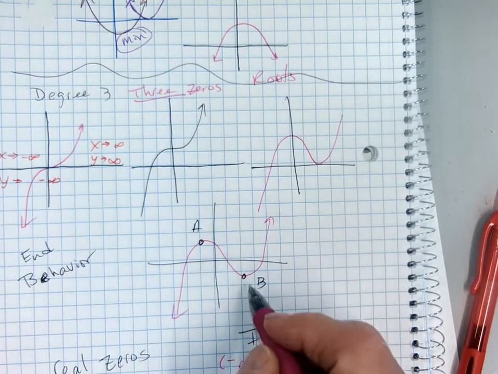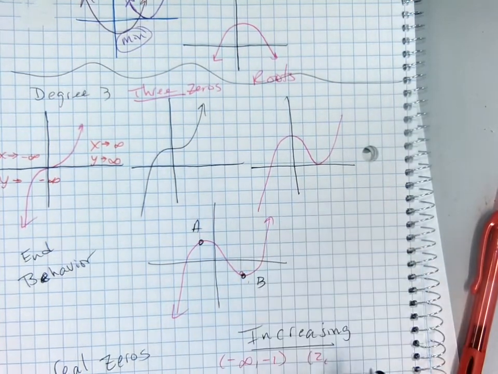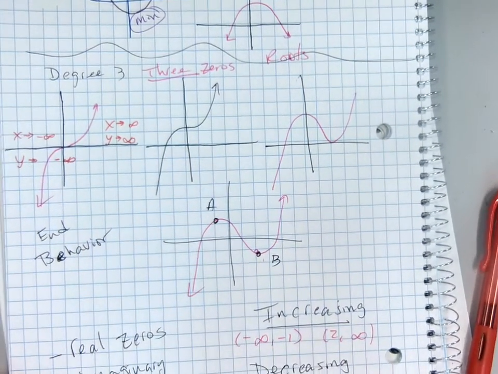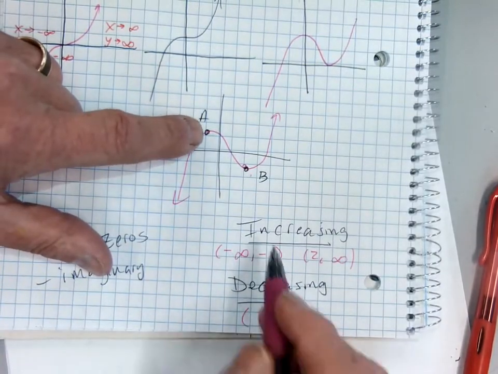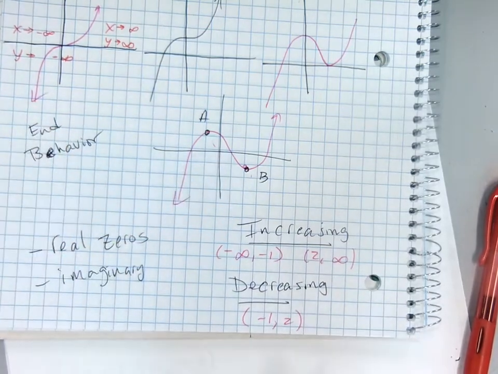It's also increasing from point B, which is probably at 2, to infinity. Decreasing is going downhill, which is from A to B, negative 1 to 2, okay?